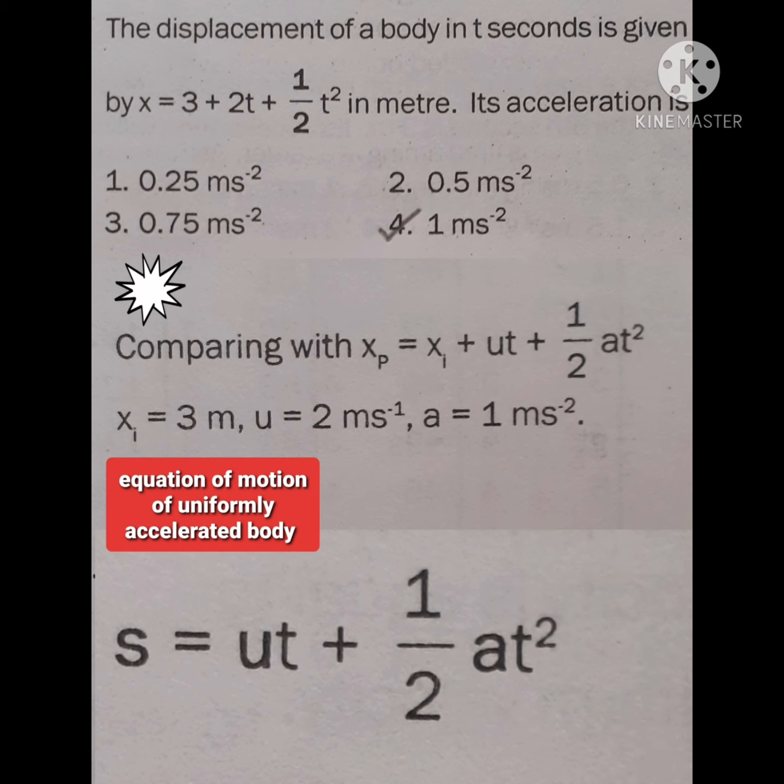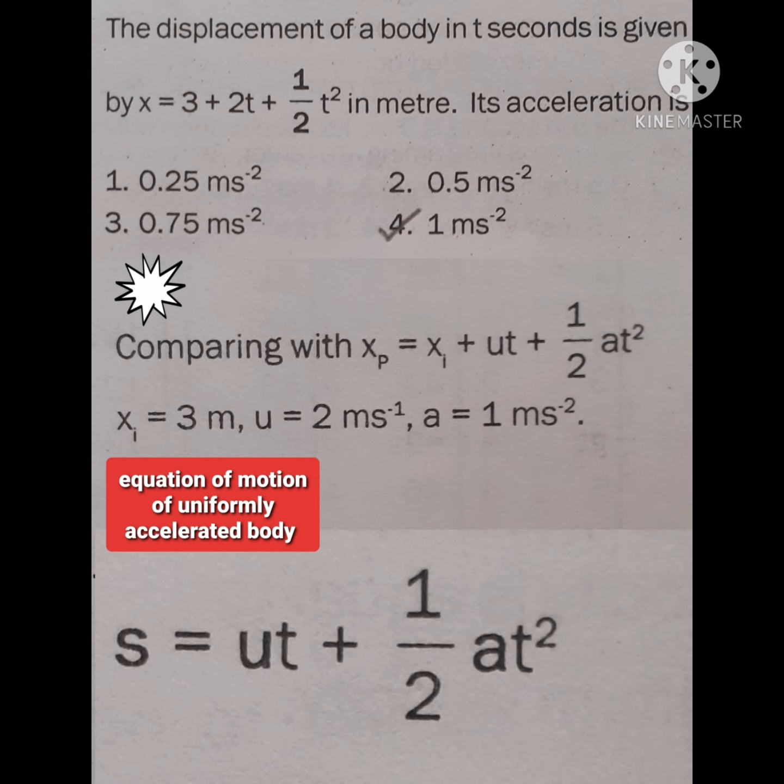This is one of the easiest questions. The displacement of a body in t seconds is given by x is equal to 3 + 2t + half t squared in meters. Its acceleration is what? The correct answer is 1 meter per second squared. Here we are simply comparing the equation with the standard equation.